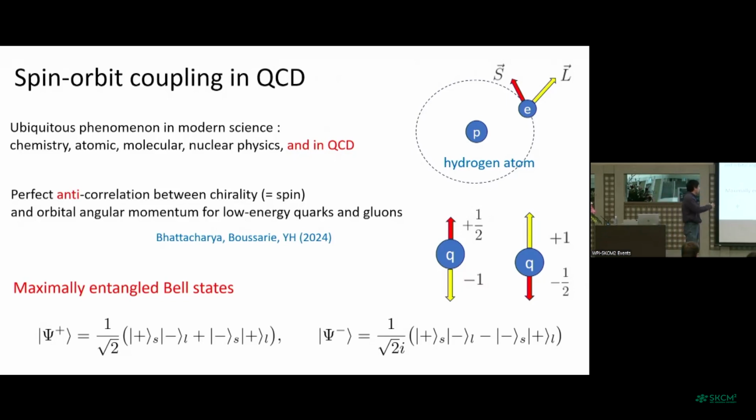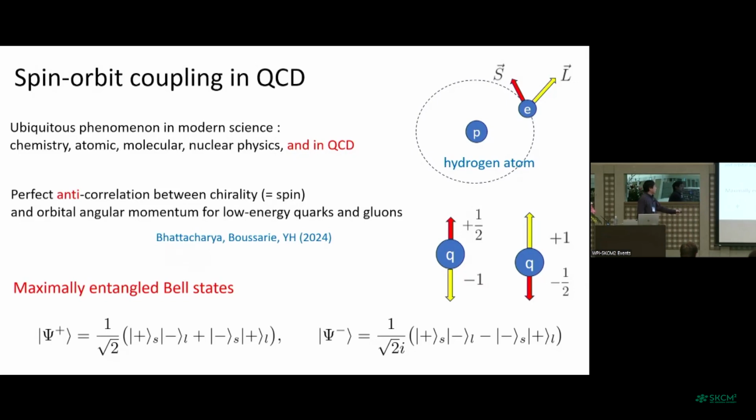So that's spin-orbit coupling. It's a very universal and ubiquitous phenomenon in all areas of contemporary science, including in QCD, where it was not discussed before. What we observed here is a perfect anti-correlation between chirality, which is the same as spin, and the orbital angular momentum, for the soft quarks and gluons.